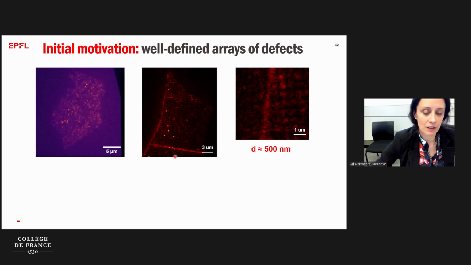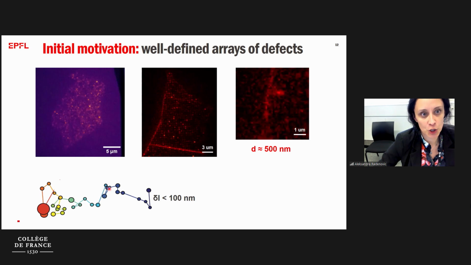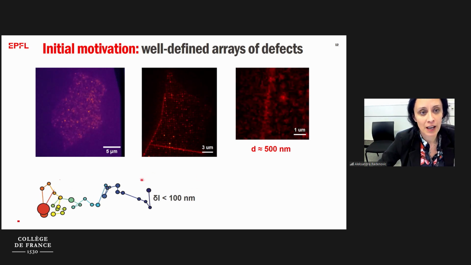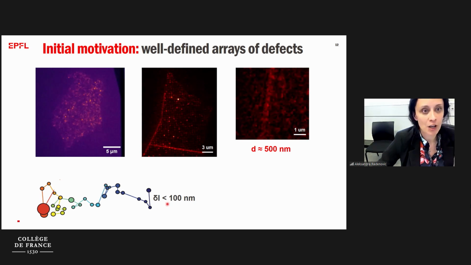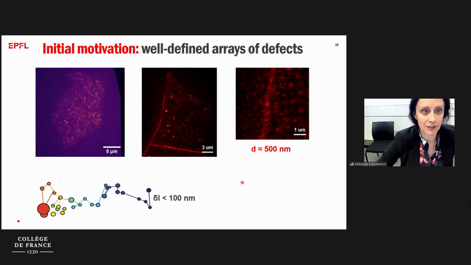So the main motivation was that from such random trajectories, maybe we can direct the motion and somehow influence the motion of the hopping proton on the interface of the hexagonal boron nitride.